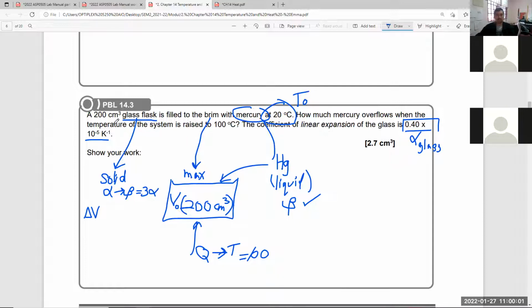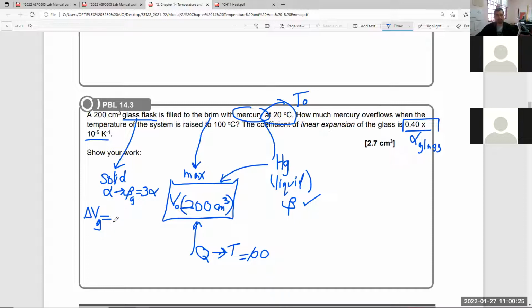As I told you, you can use both Celsius and Kelvin together, since the increments are the same. So you use 3 alpha to get the volume expansion, since it fills up the volume. I put G for the glass.